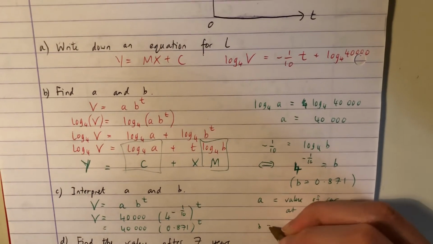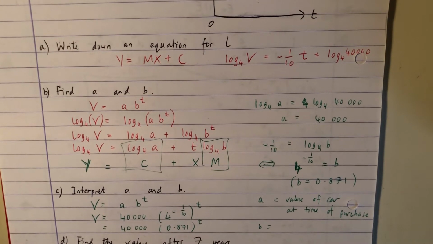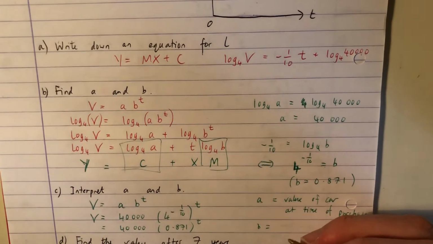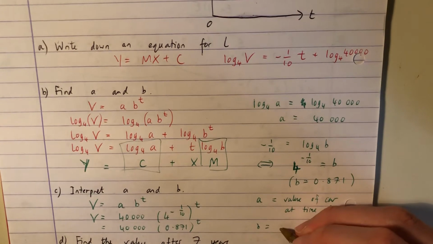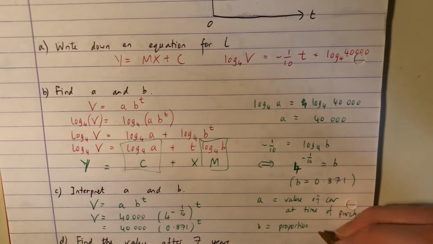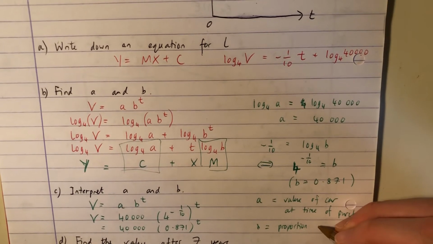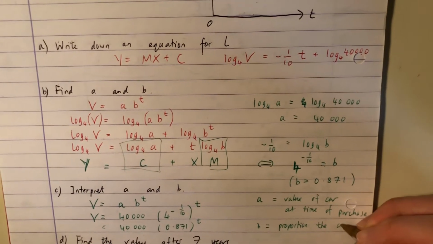And b, well, if you've done a lot of compound interest questions, you might be able to recognize something looking like this. So this tells you how much the car decreases in value per year. So it gives you the proportion the car decreases per year.